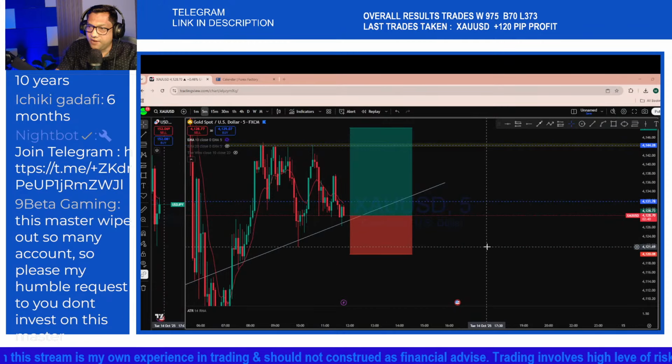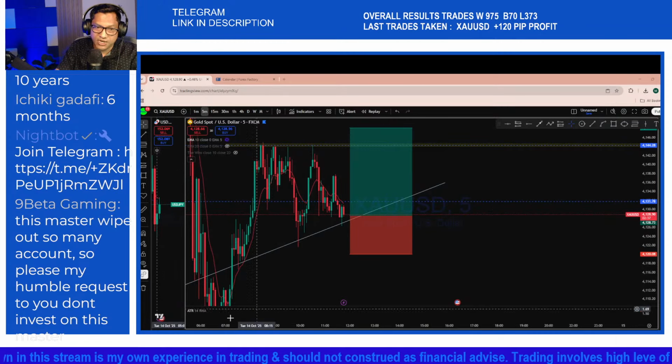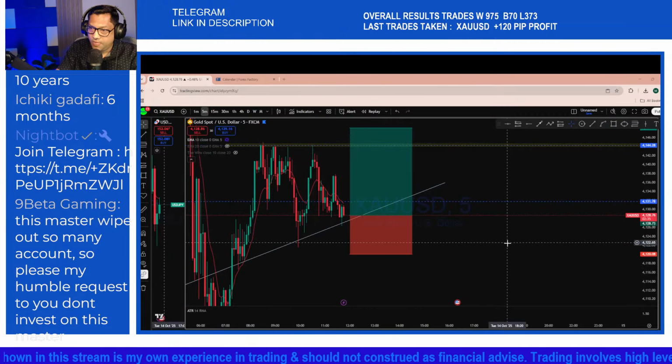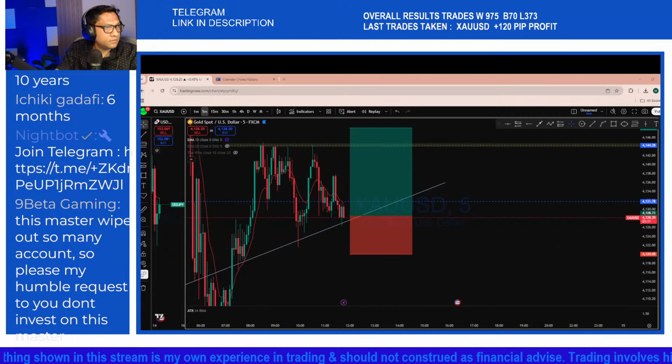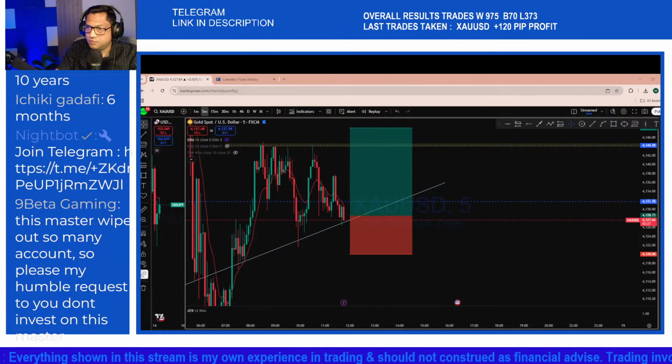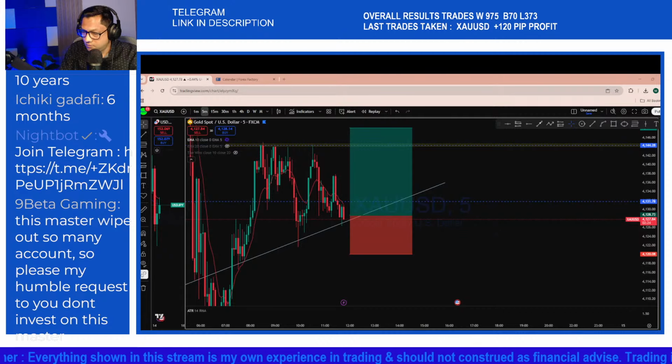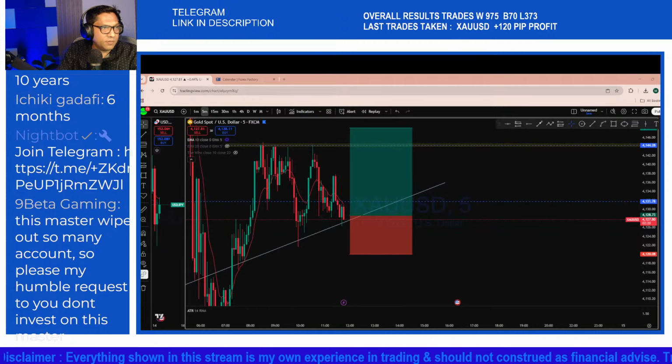So I'm looking at here for a potential bounce back to the upside to the major direction of the trend. $4120.08 is my stop loss here.